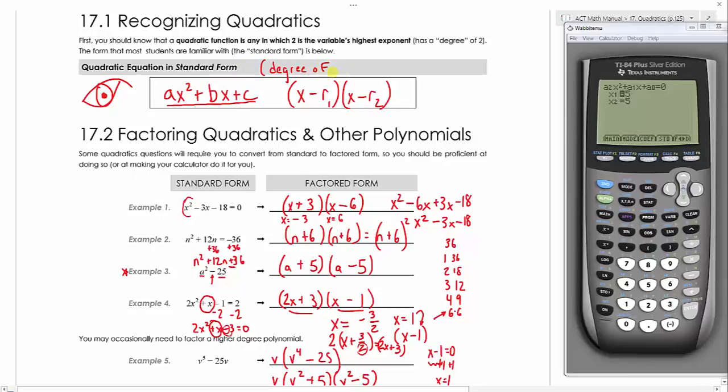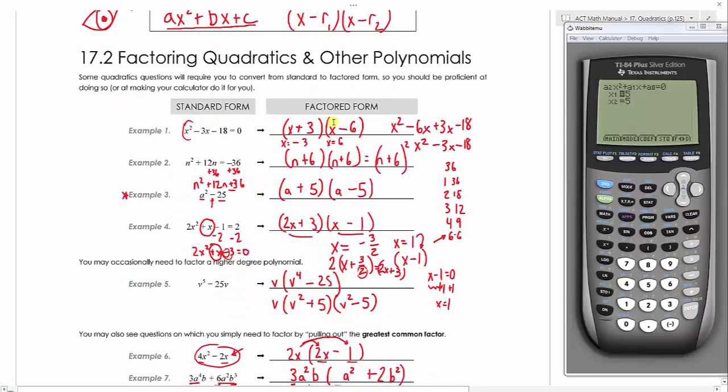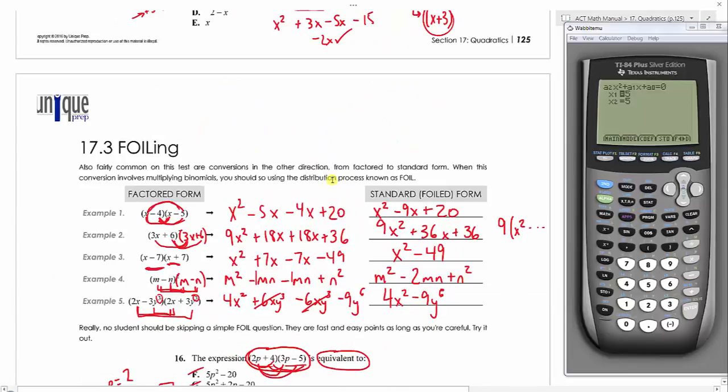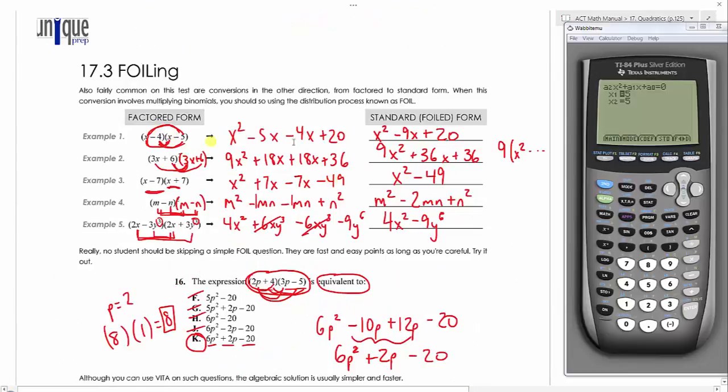Any function or equation that has a degree of 2 on the x and a degree of 1 on the y, so y to the first and x squared, anytime we see an equation with this situation, we're dealing with a quadratic equation. We're dealing with one of these two situations. So the recognition factor is here. We need to be able to go from standard form to factored form. We need to make sure that we go from factored form to standard form.